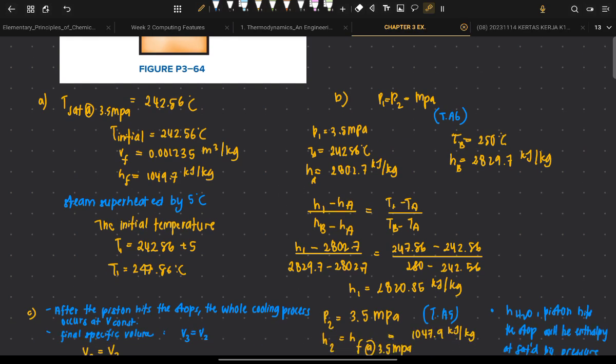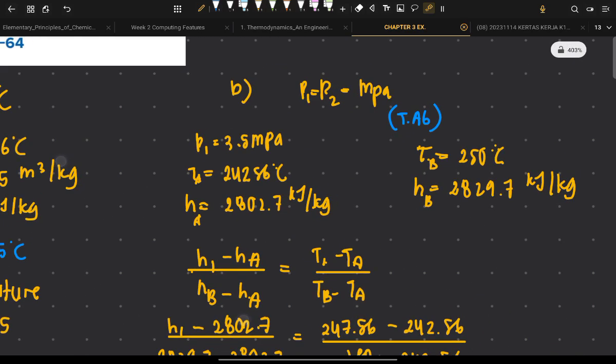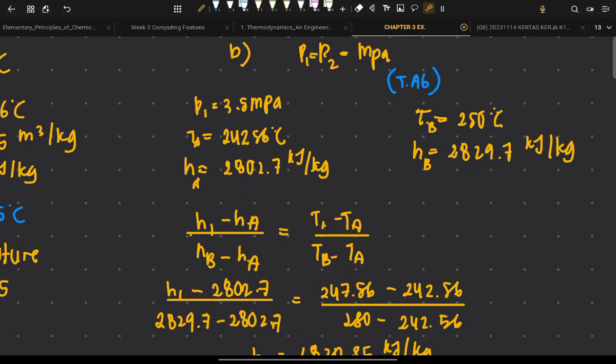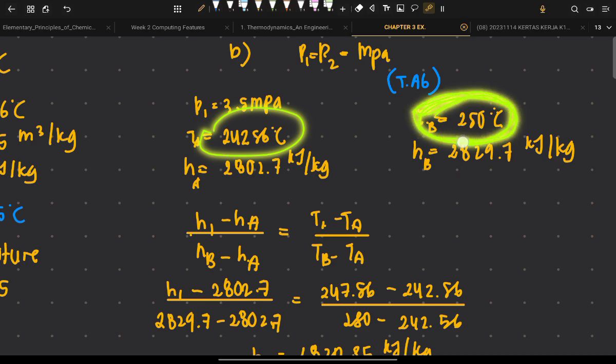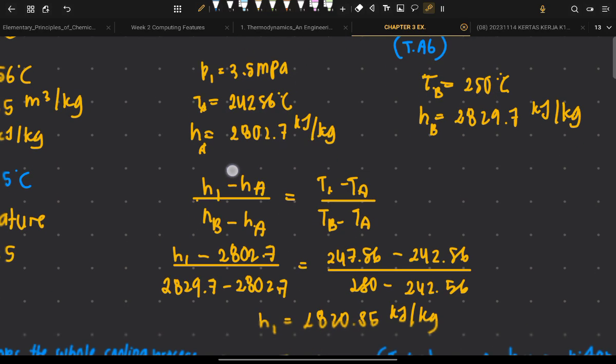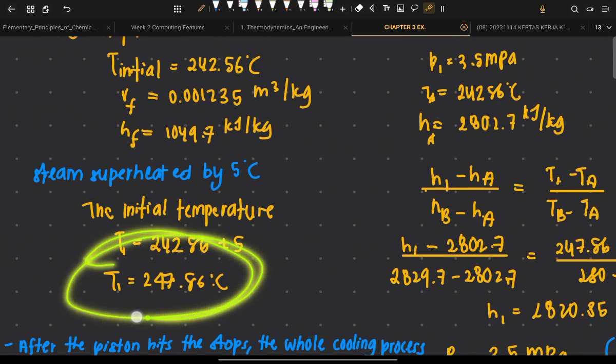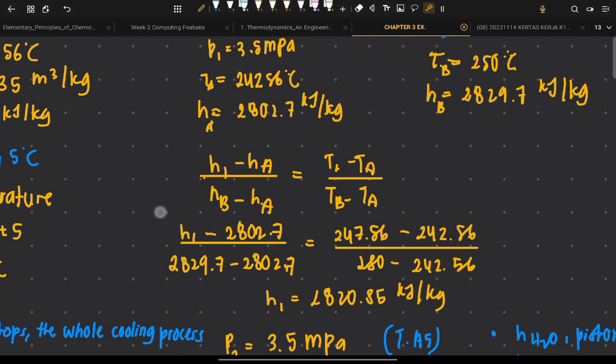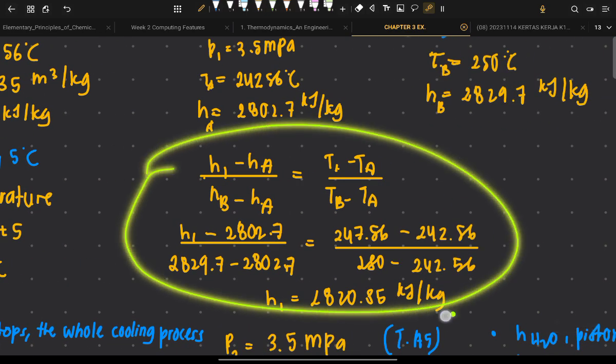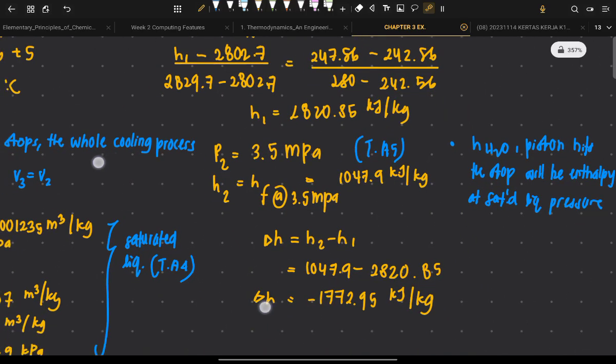And then you can see at table A6, which is the superheated water table, you can find 242.56, and you can find 250 for T. And then you just need to find the enthalpy for temperature 247.56. So by using interpolation, you get the H1, which is 2820.85 kJ per kg.